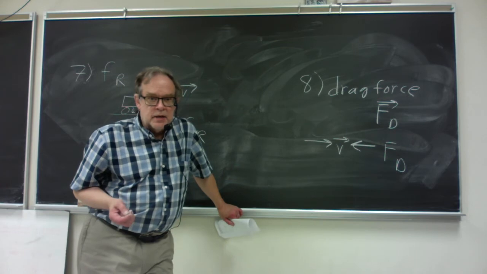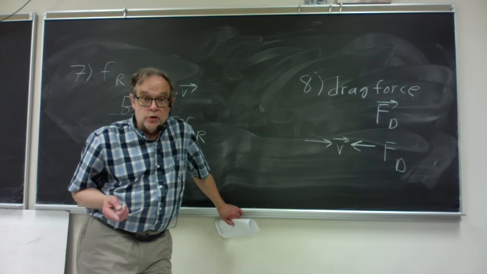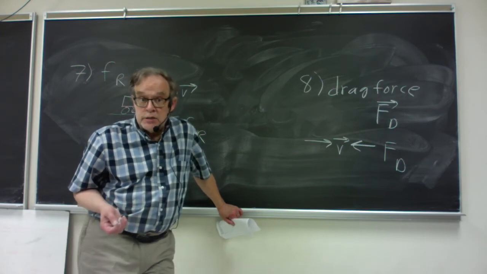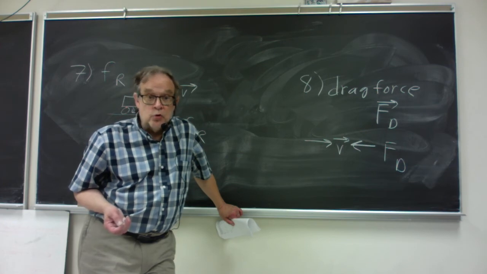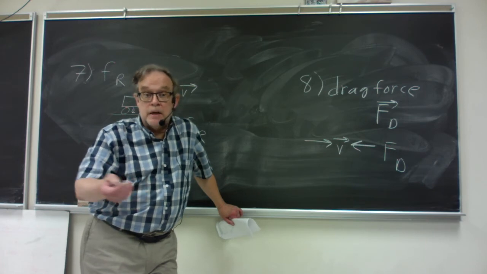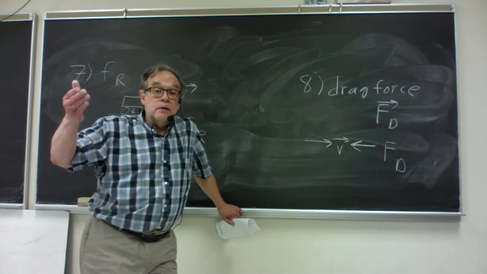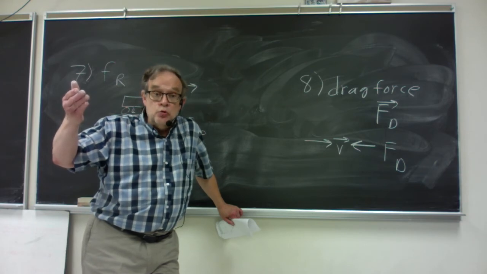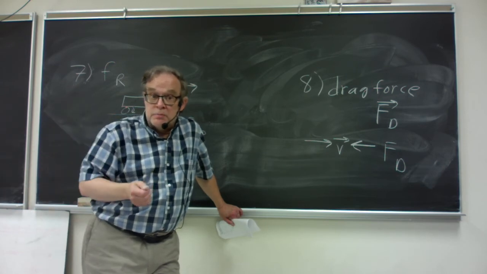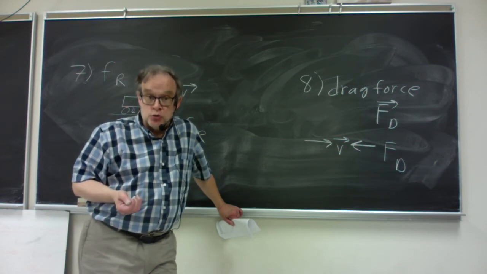The interesting thing about a drag force is that it gets stronger as speed increases. The drag force on an airplane while it's on the runway taking off is pretty strong, but once the plane is at its cruising speed, much higher than when it was on the runway, the drag force on that plane is much, much stronger.